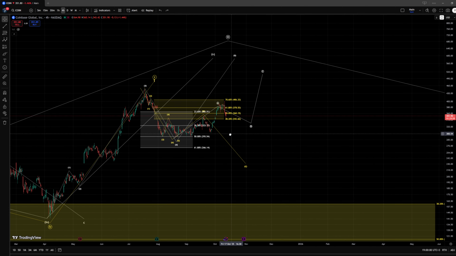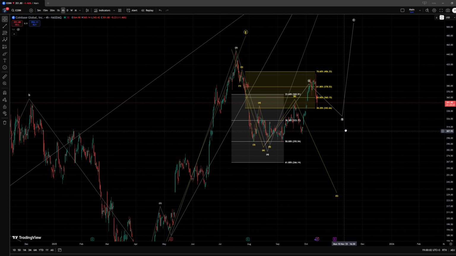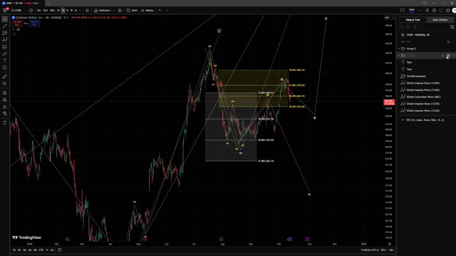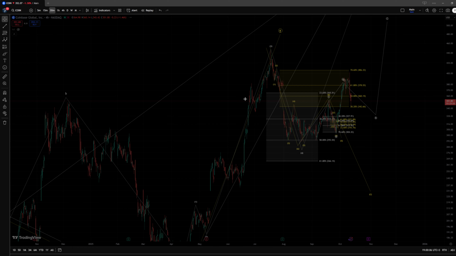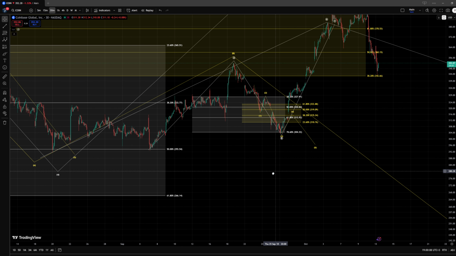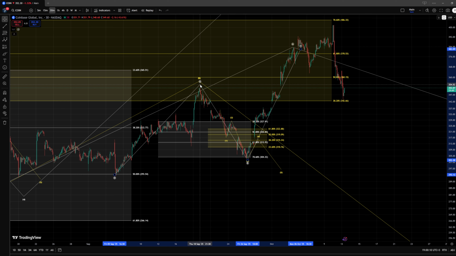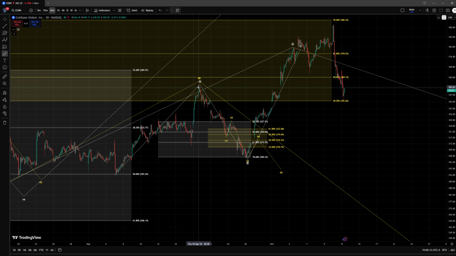We did get quite some extensions since the previous video, where we were looking at possible failure, and I had provided a very probable top in this area, and we did get a pretty swift correction to the downside that resulted immediately after that.